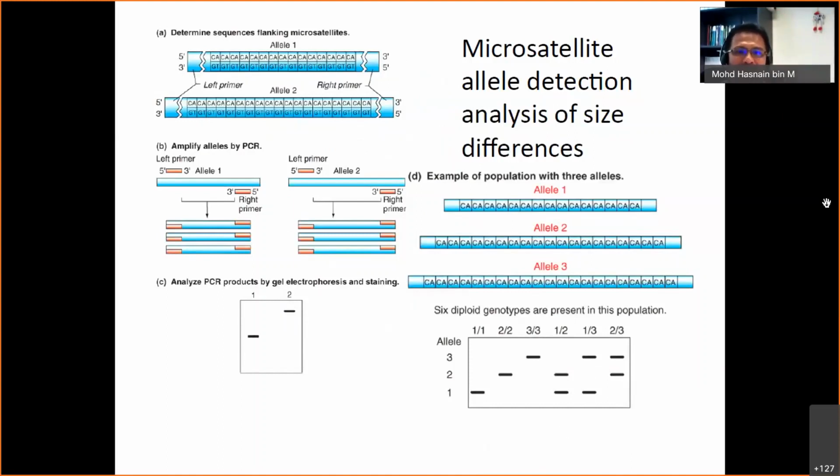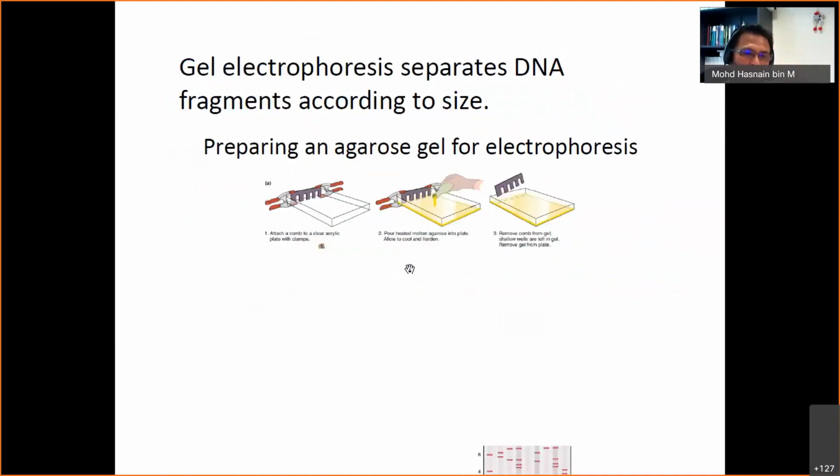So within 1 hour, this one has reached over here, but number 3 is still up there. Number 2 goes midway because it's slightly shorter, so slightly faster than number 3. All right. So that is how we differentiate the length of DNA using electrophoresis.